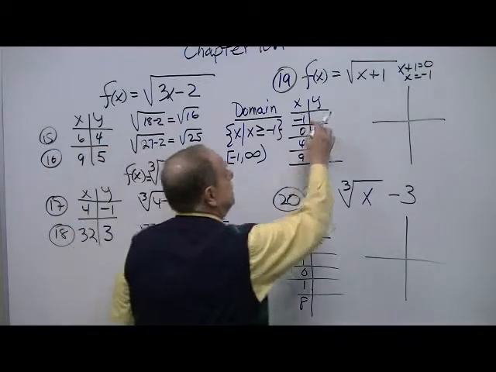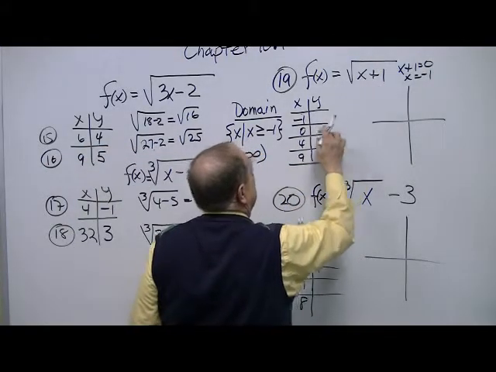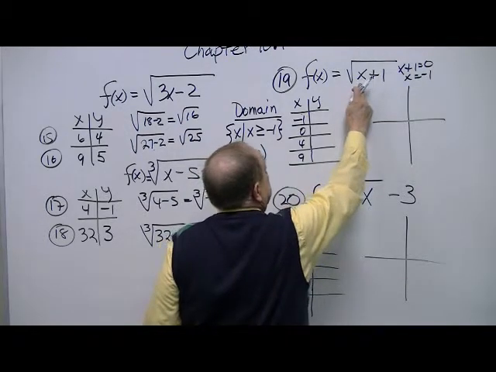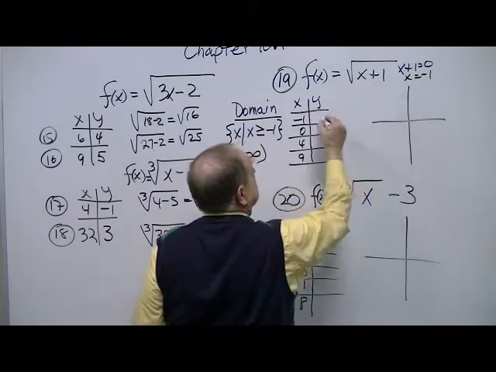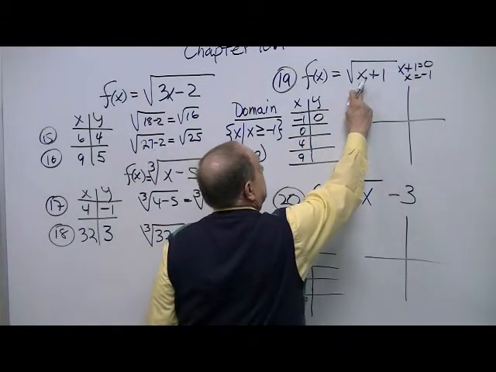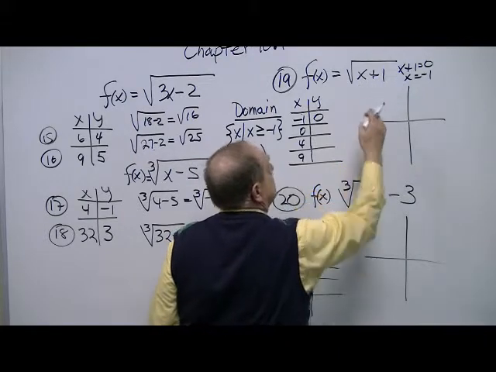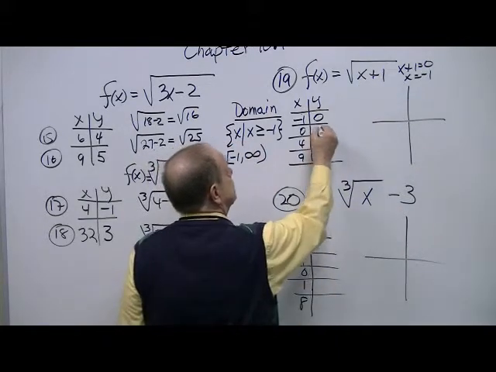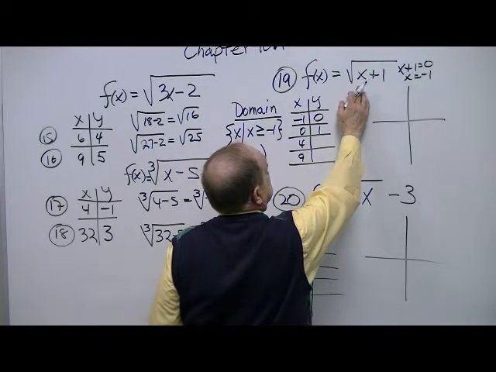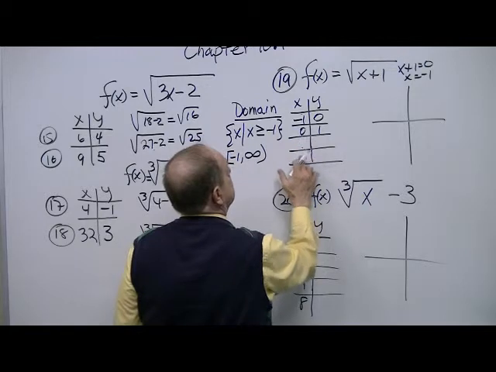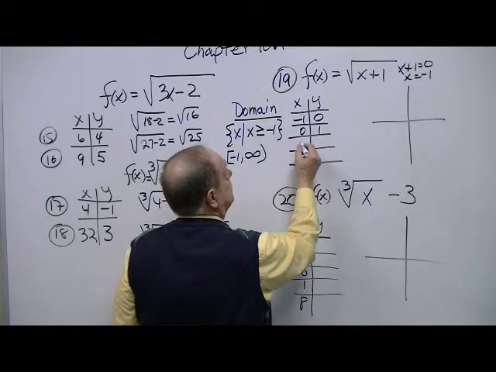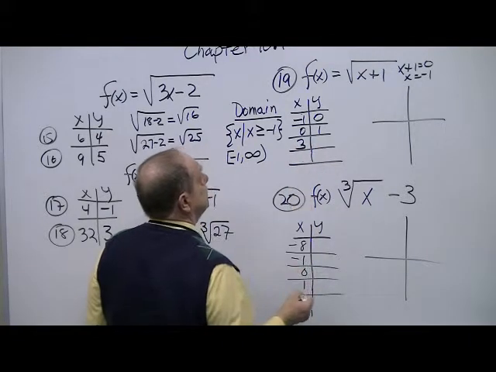So you then start putting values in here, and if it's a -1, -1 plus 1 is 0, square root of 0 is 0. If you put a 0 there, then 0 plus 1 is 1, the square root of 1 is 1. I don't want to put a 4, I want to put a 3 there, that's better.